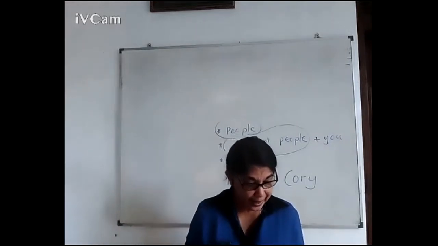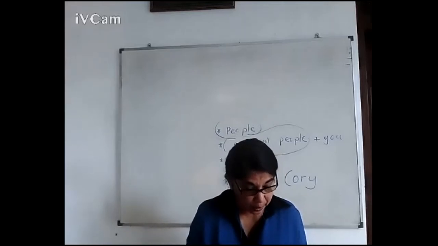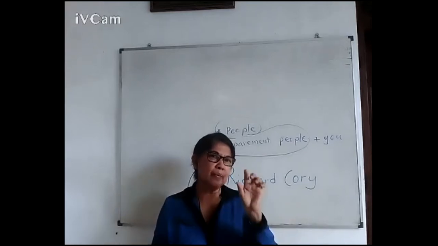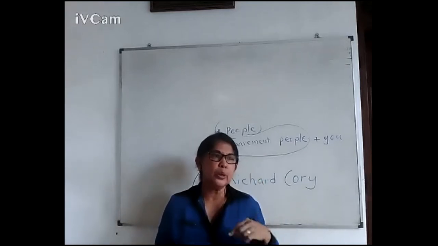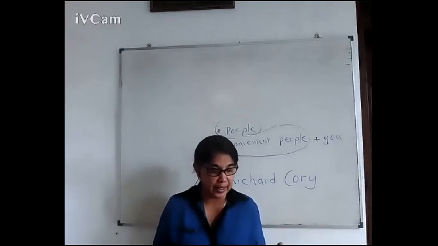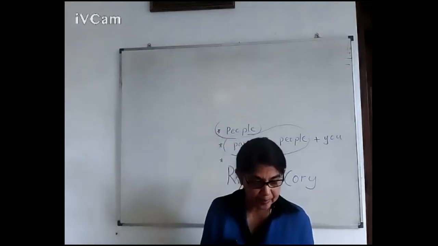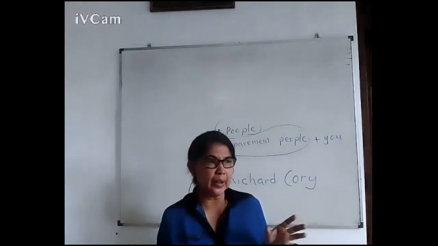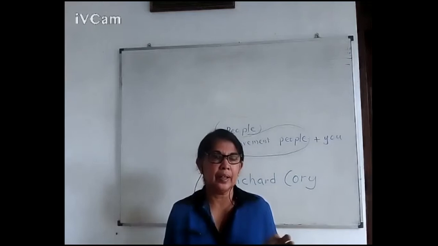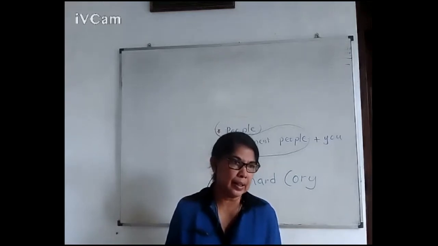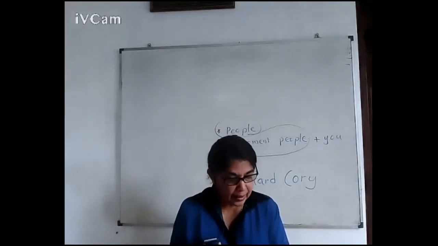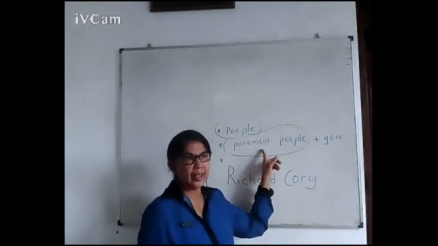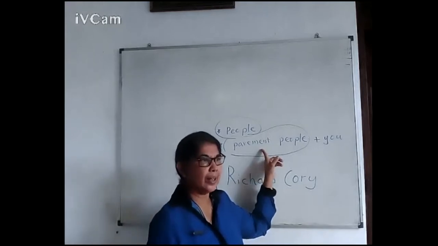Then, quietly arrayed, and he was always human when he talked. Once again, repetition of the adverb always to describe one of his actions. What is the action there? The action of Richard Cory? He's human, full of human qualities. So then, what can you say about the pavement people?